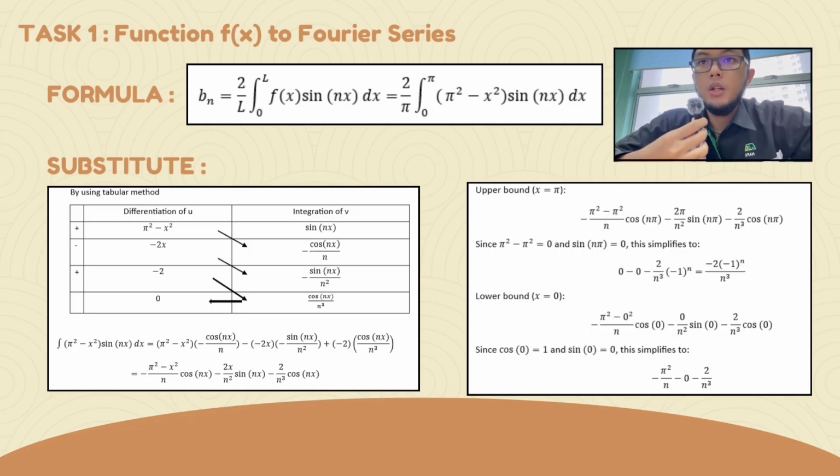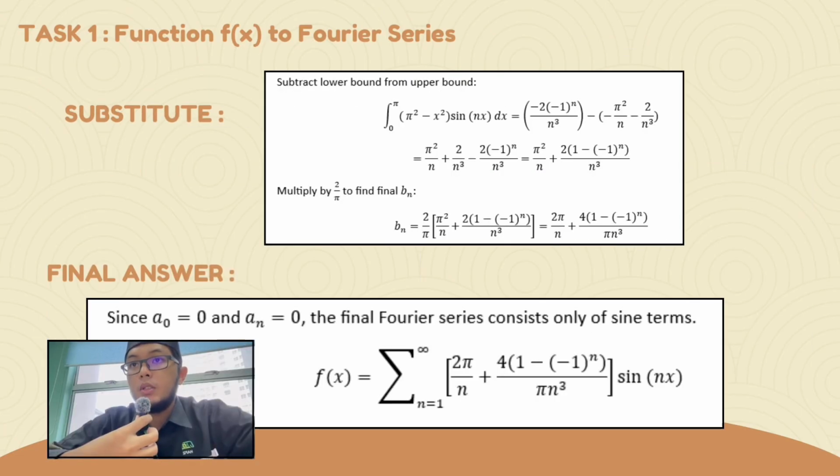By inserting the upper bound and lower bound, which are the upper limit and lower limit, we get this final expression, where there is no a0 and an, since a0 and an are equal to 0.